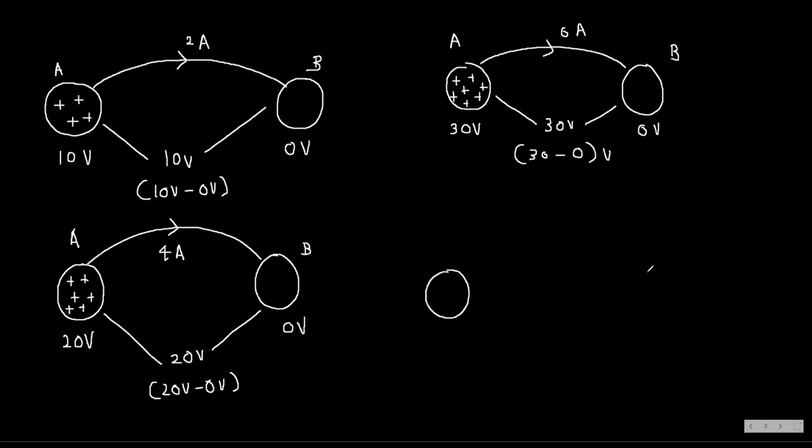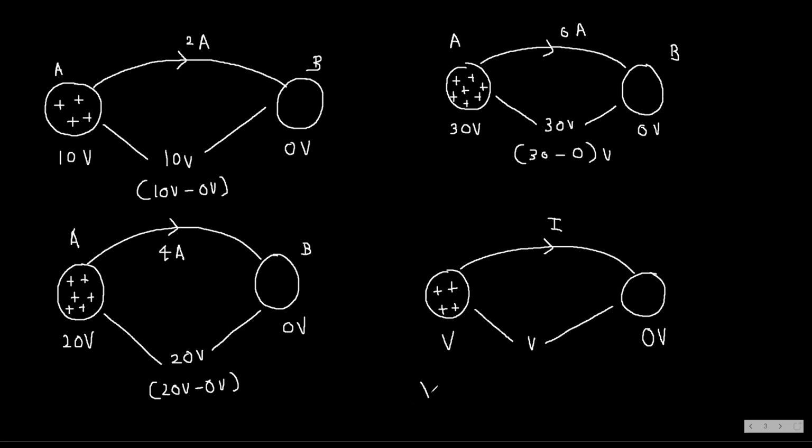So I can say it this way. If this sphere has capital V potential and this sphere has zero potential, current is directly proportional to the voltage.